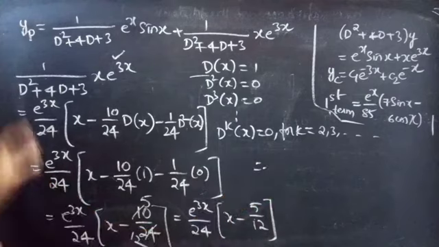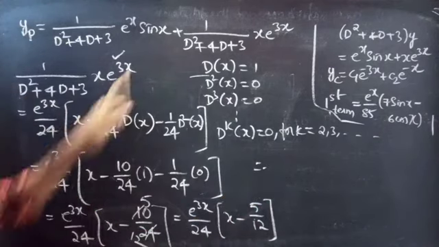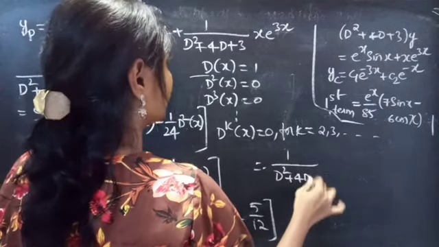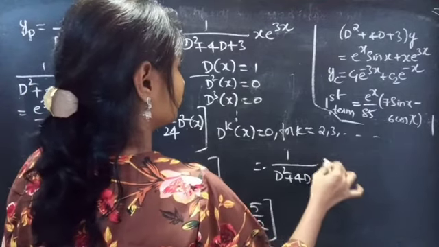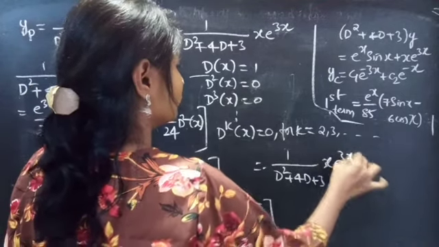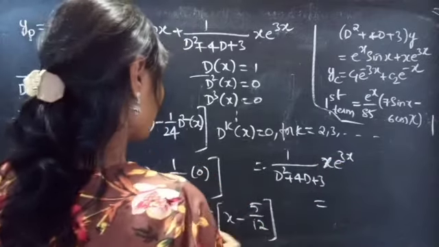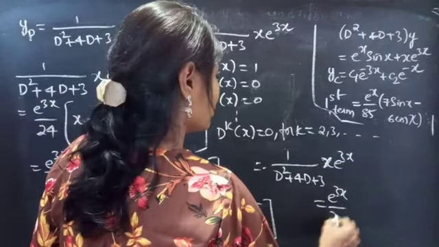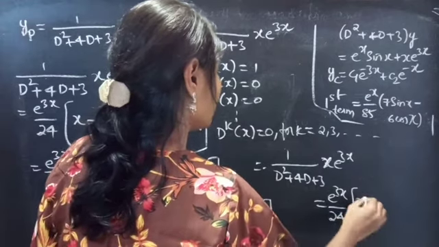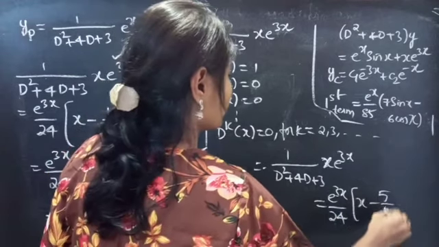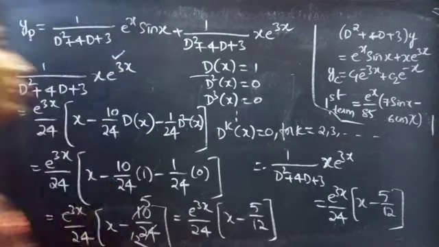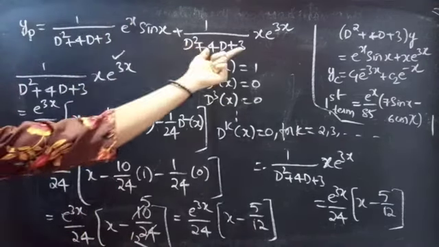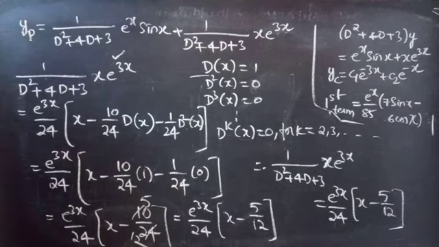Therefore, 1 by f of d into x e power 3x is e power 3x by 24 into (x minus 5 by 12). Now we can replace the results obtained from the two terms in yp.